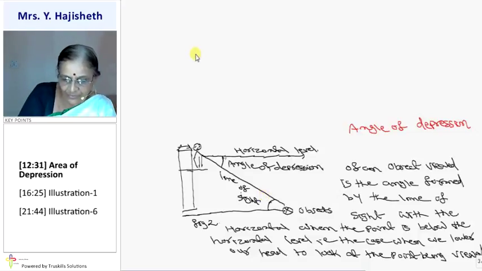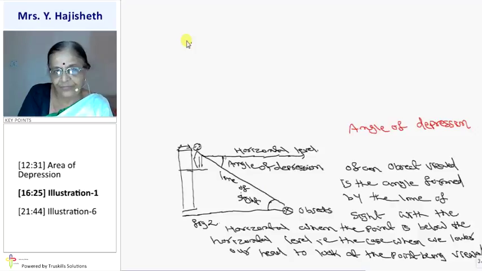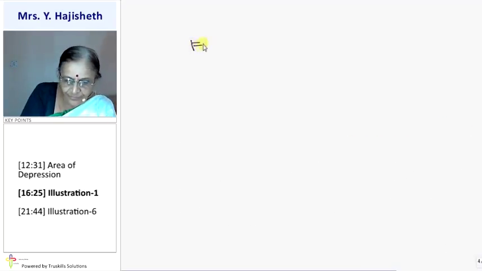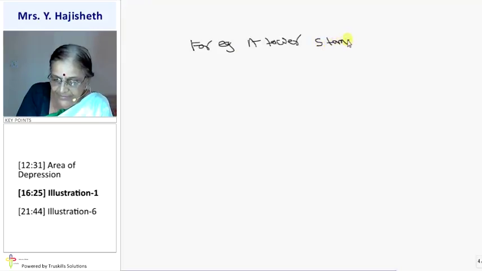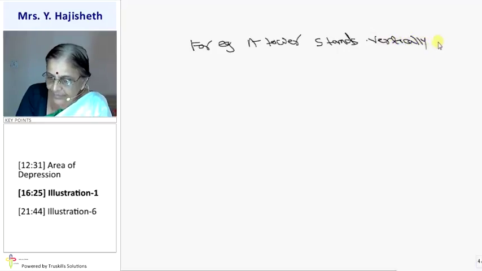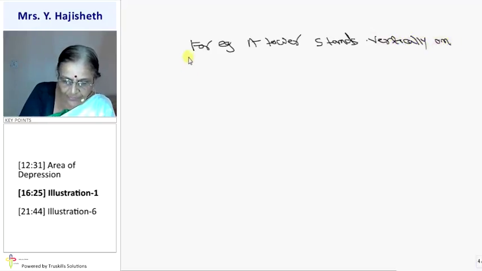ओके, फॉर एग्जाम्पल, a tower. I have taken this sum from illustration. Okay, a tower stands vertically on the ground.